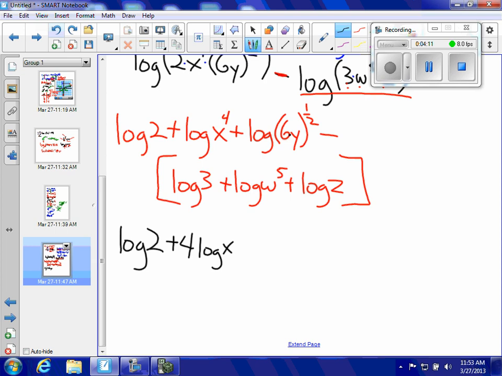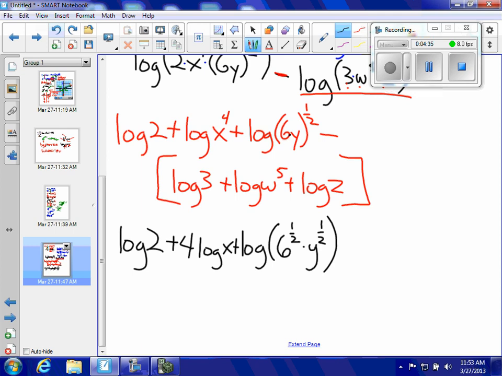So I'm going to change this to log 6 to the 1/2 times y to the 1/2. I took my 1/2 and I just exponentiated both the terms that it applied to. This is the plus in here.